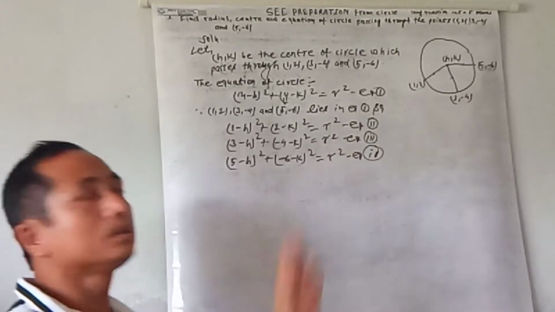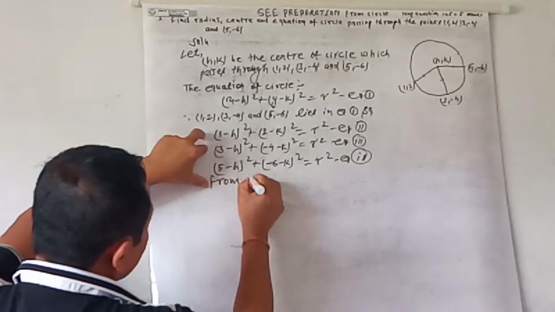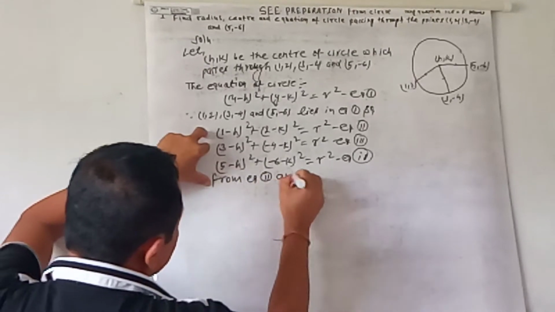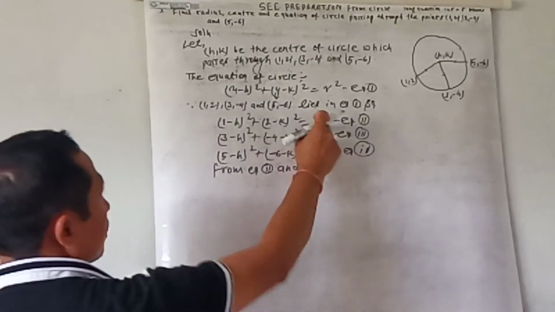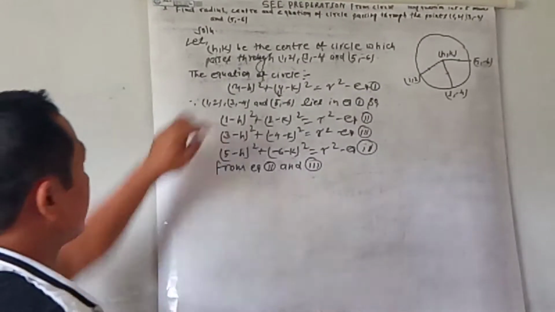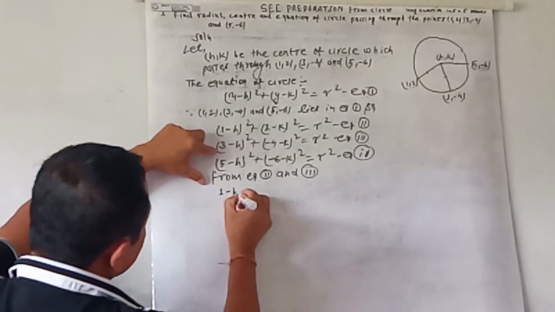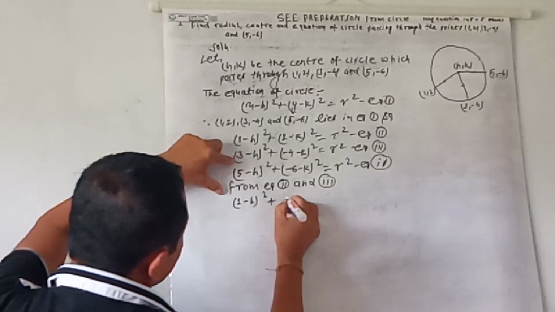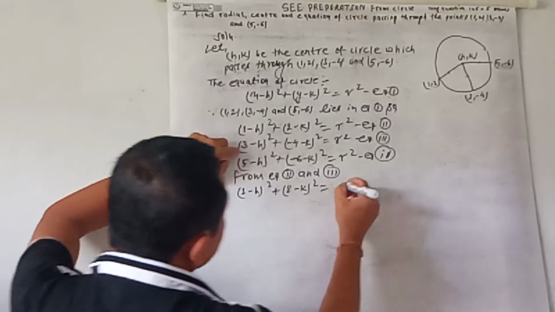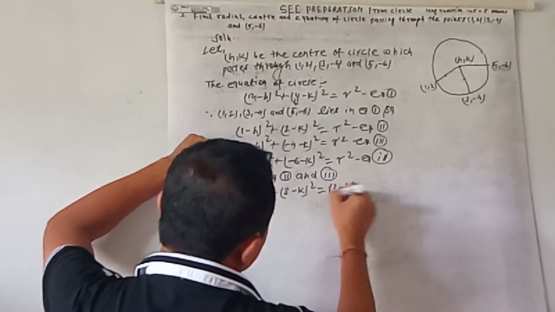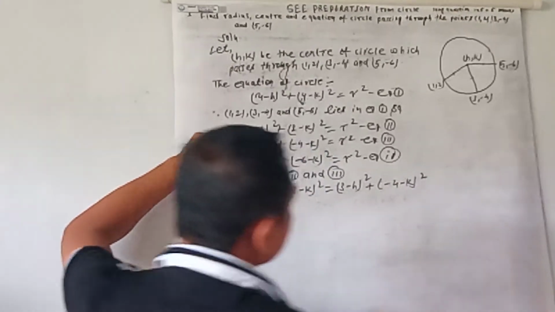First we take equations second and third. From equations second and third, r square is equal to this and r square is equal to this, which means this is equal to this. We can write (1 minus h) whole square plus (2 minus k) whole square is equal to (3 minus h) whole square plus (-4 minus k) whole square.